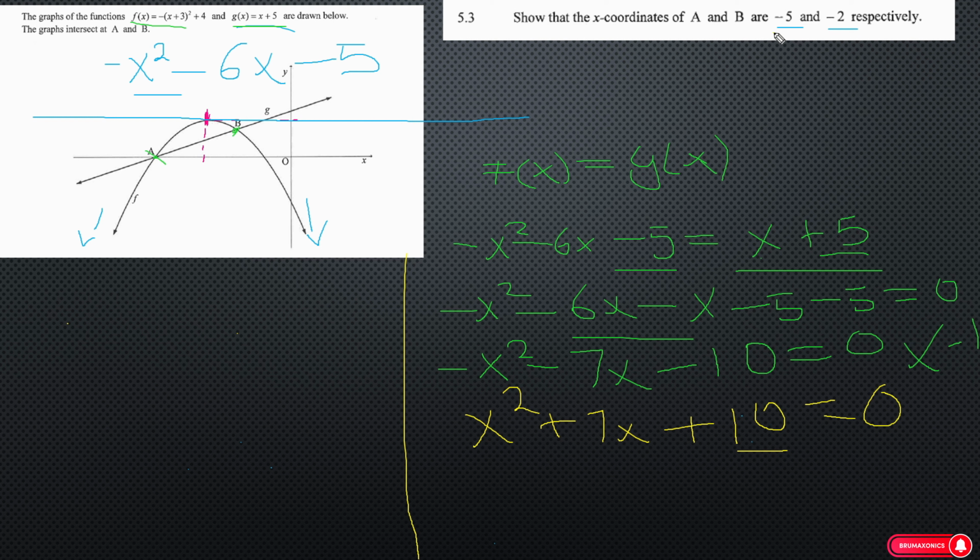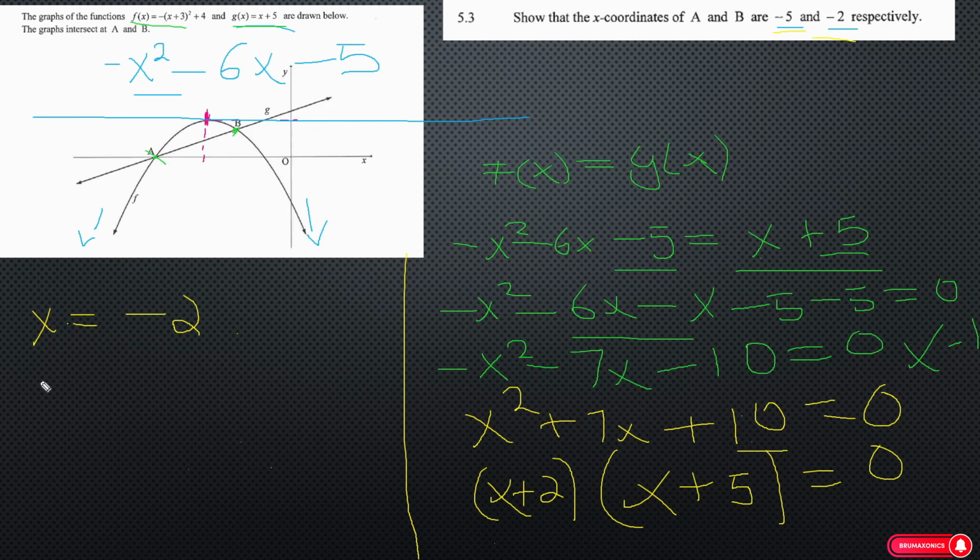I think we are also given something here which can actually help. So now we know that x plus 2 equals 0 and x plus 5 equals 0, meaning we have the plus of 2 and the plus of 5. So now we can prove that x is equal to negative 2, and x is equal to negative 5.